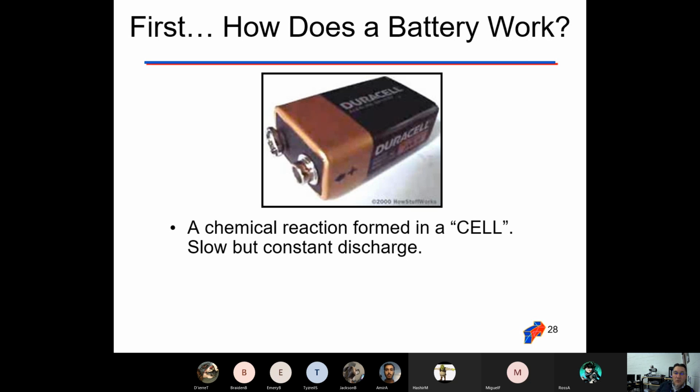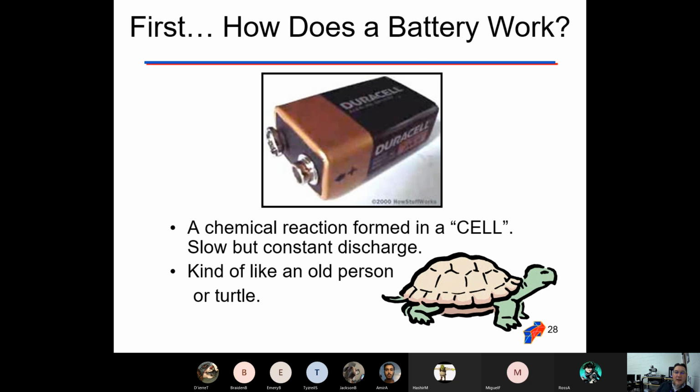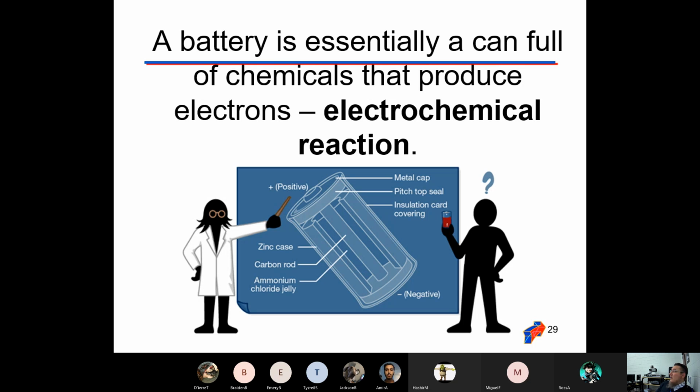This is a slow but constant discharge, so it's going to be the same value for a long time, but it's going to eventually run out of power. Kind of like a turtle. They're slow. It's the same thing, just a different kind of chemical.